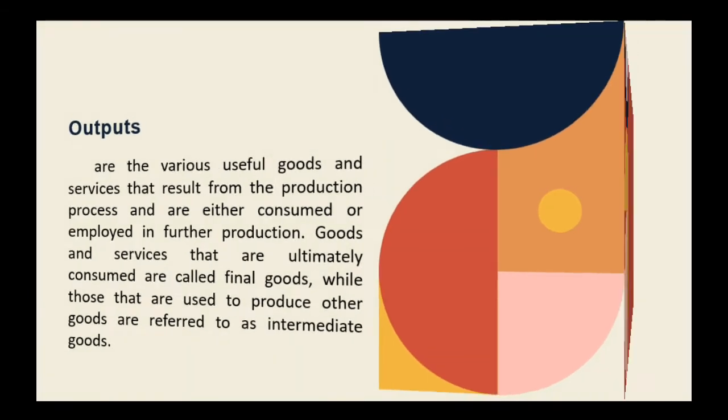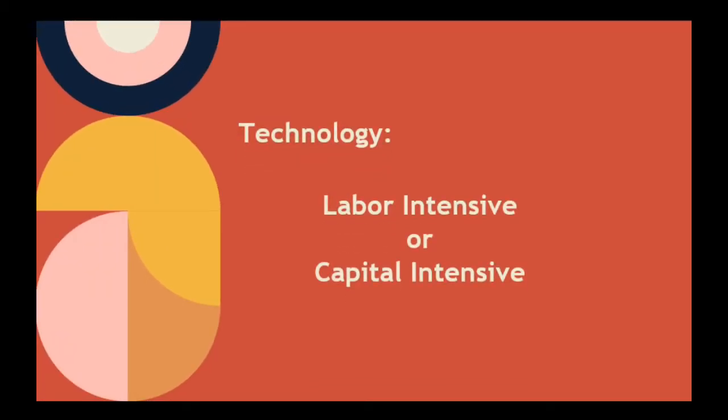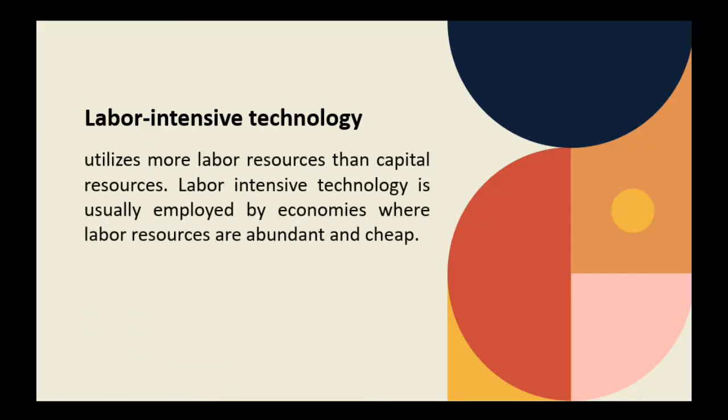Now let's move forward to technology, labor-intensive or capital-intensive. When we say technology, it is the body of knowledge applied to how goods are produced. In other words, technology is the production process employed by firms in creating goods and services. Technology can be classified into two. We have labor-intensive technology, which utilizes more labor resources than capital resources.